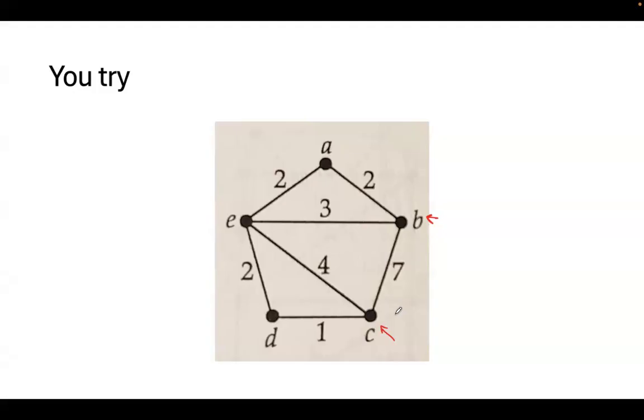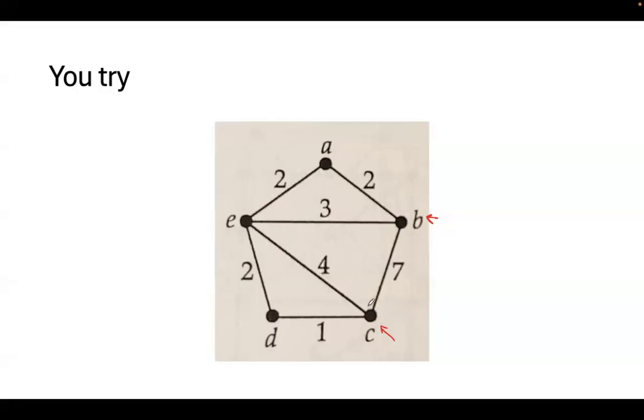Okay, so what's the shortest path between B and C? Literally any of them, I think, because we could go just 7, or 3 and 4, that's 7. Or around A, E, D to C, that's also 7.